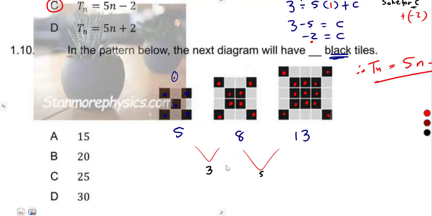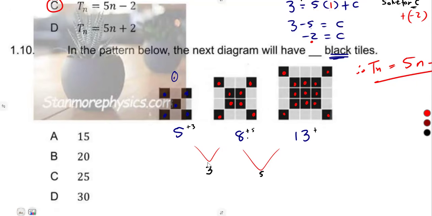So what actually happened here? The first part, we had to add a 3 to get this 8. But the second part, we had to add a 5 to get 13. What about the next one? Now, what are we supposed to add? Because these numbers that are being added are different.